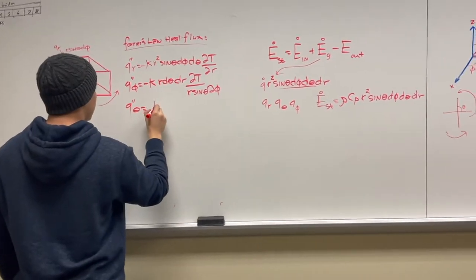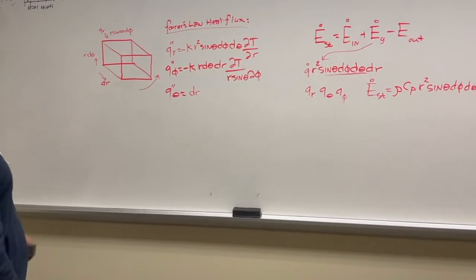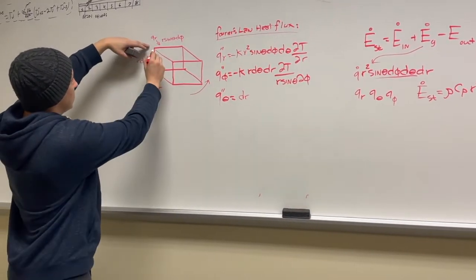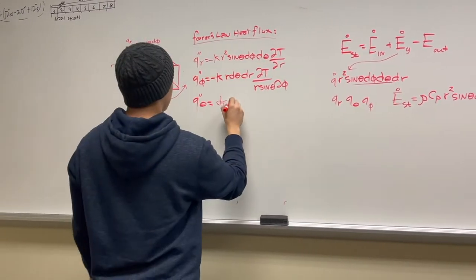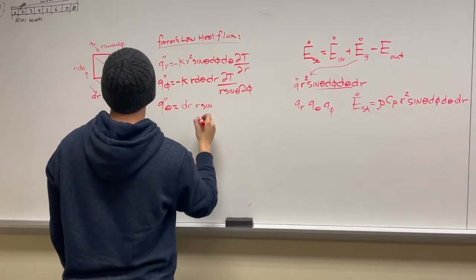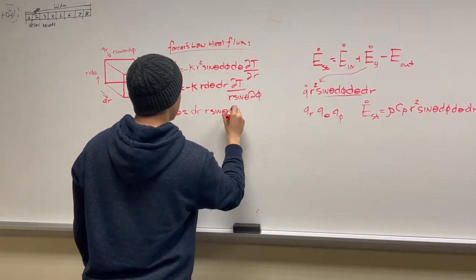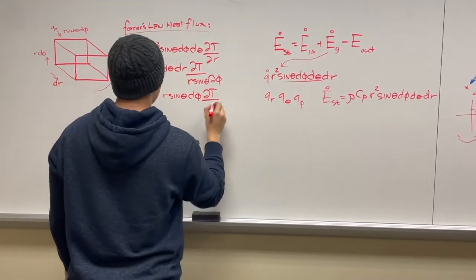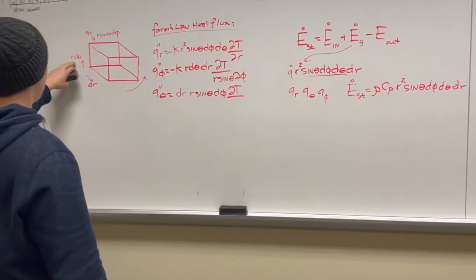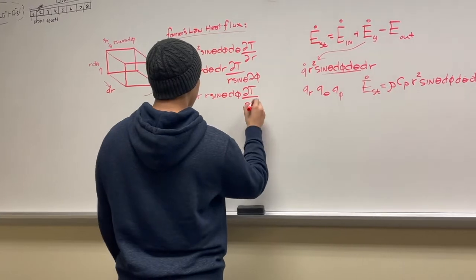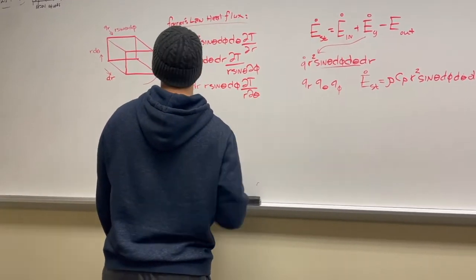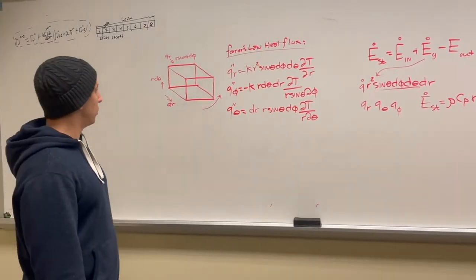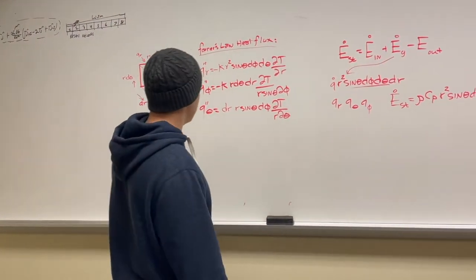So we're going to have the dr, and we're going to look at this direction right here, r sine theta d phi, temperature gradient here, and of course, since it's with respect to d phi, I'm going to have r d theta here as well. And that is the Fourier's law for heat flux for a differential volume in spherical coordinates.